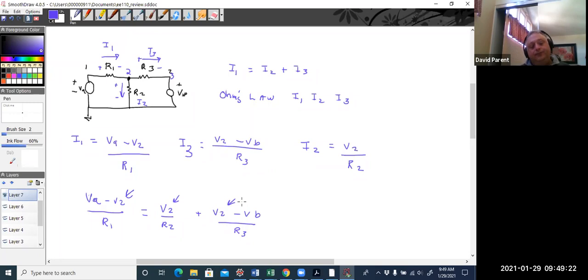Now, that involves some algebra. Another method, though, would be superposition. If I shorted VB, what's V2 with only VA? Well, I would short this, then notice R2 and R3 are in parallel, and then do a voltage division and come up with V2.